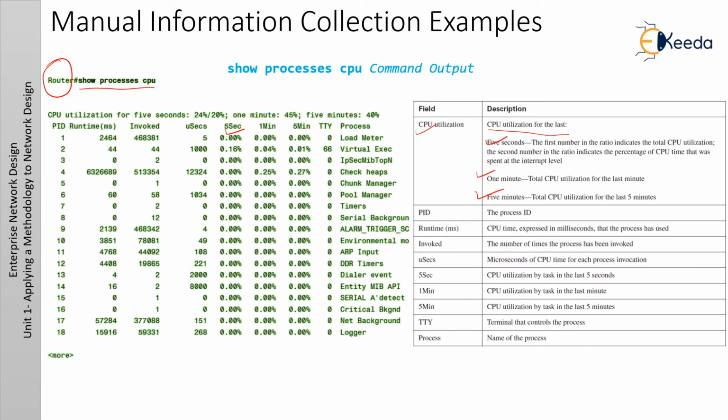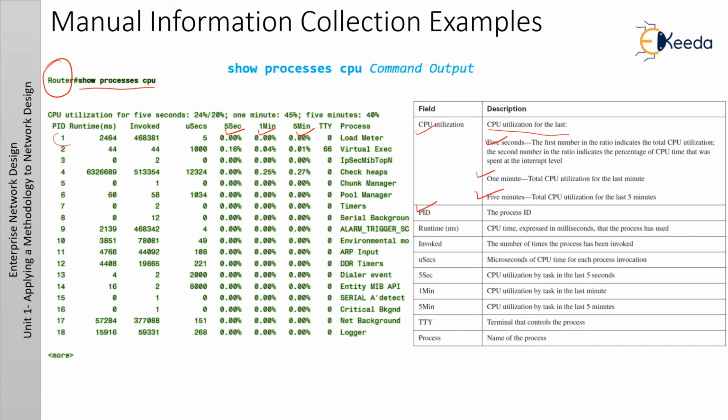The second number indicates the percentage of CPU time spent at the interrupt level. In this particular process, Load Meter, there is 0%, 0%, and 0% CPU utilization for 5 seconds, 1 minute, and 5 minutes. Next is PID, that is process ID.